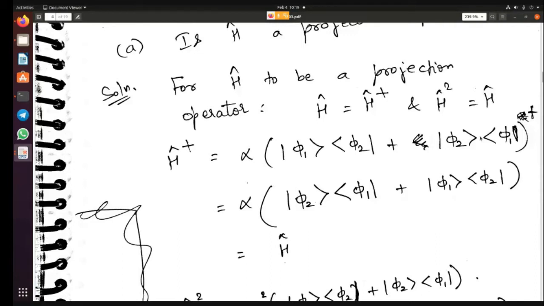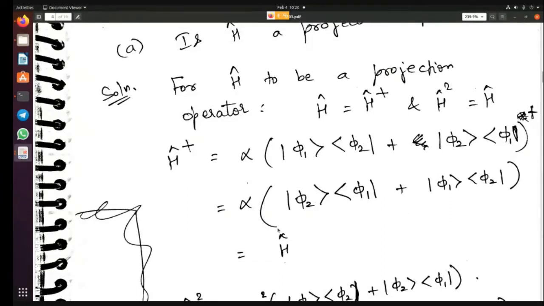Similarly for this one, phi 2, which is a ket, becomes a bra, and phi 1, which is a bra, becomes a ket. All right. And this is the same as the original one. It's just that you have this phi 1, phi 2 term here. So this is the same because this is addition. The order does not matter.